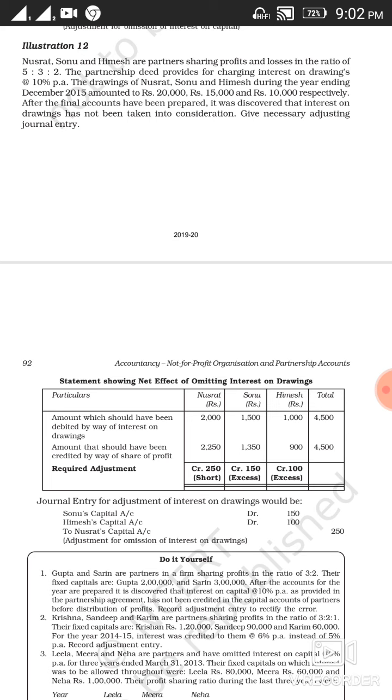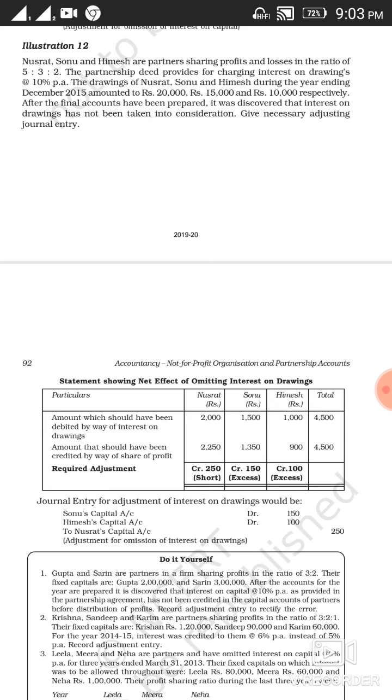On comparing these two, you can make out that Sonu's capital still has to be debited by 150 rupees, meaning debit amount 1,500 and credit amount 1,350. Still Sonu's capital has to be debited. You can see in the text it has been written wrong, it should be debit.